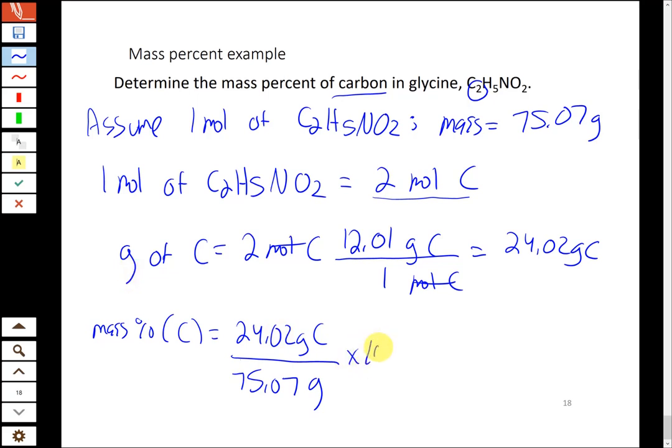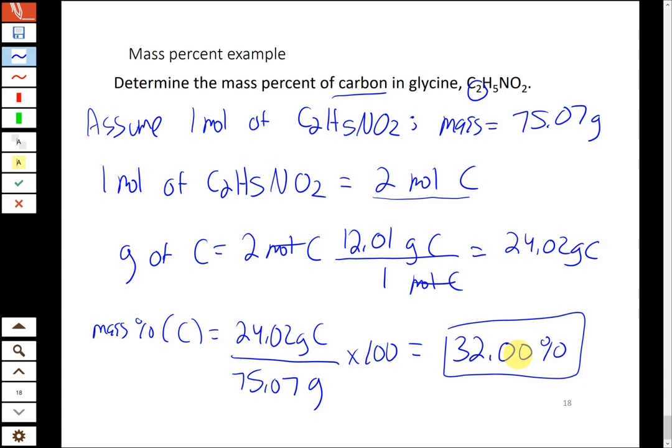We multiply by 100 to get it to a percent, and that comes out to 32.00%. If we did the mass percents for every element in the same way, hydrogen, nitrogen, oxygen, and added those up, you'd get 100%. So 32% of that would be carbon. That's how we calculate a mass percent from a formula.